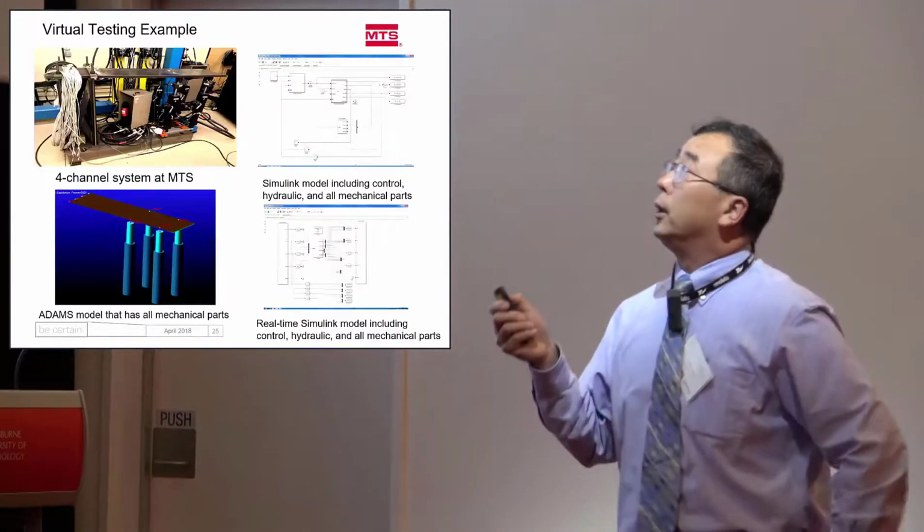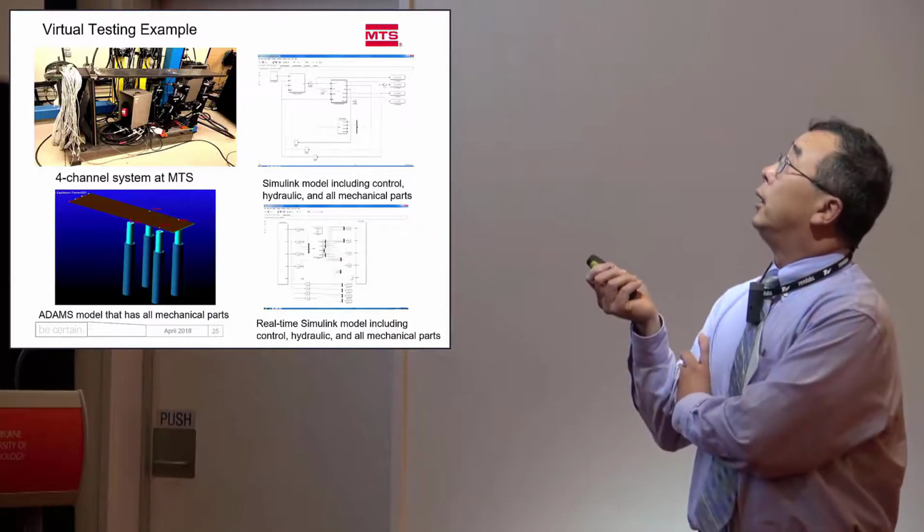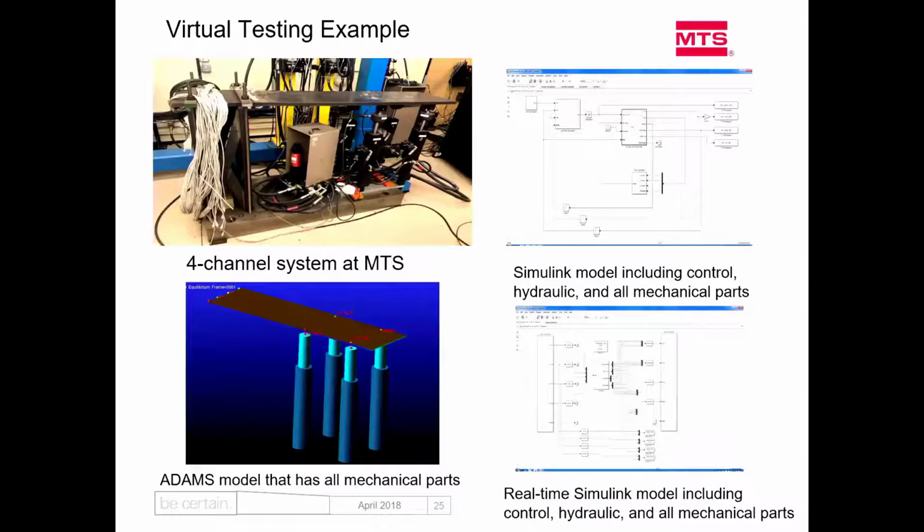And also in aero, we have a 4-channel system like this to prove our modeling capability. So we modeled this system, the Adams model, and the Simulink model, and the controller, servo valve, actuator, everything, including this specimen modeled using a reduced model approach.